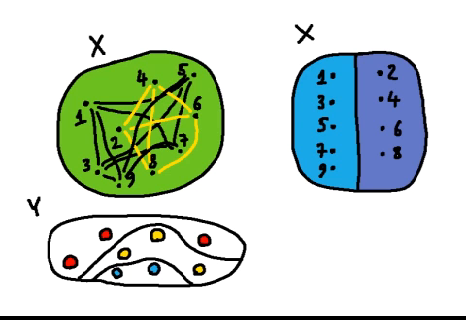So here we've got the grouping of balls that are red, and here we've got the grouping of balls that are yellow, and here we've got the grouping of balls that are blue. Maybe I should use a different color for that.